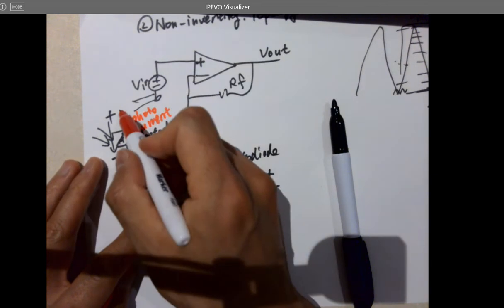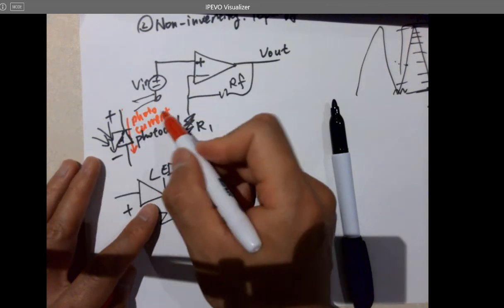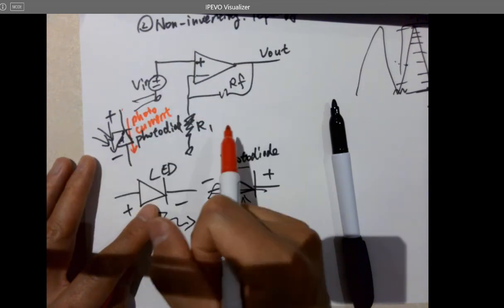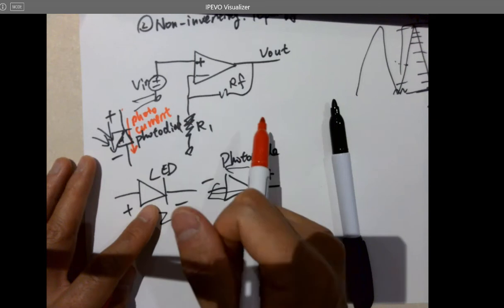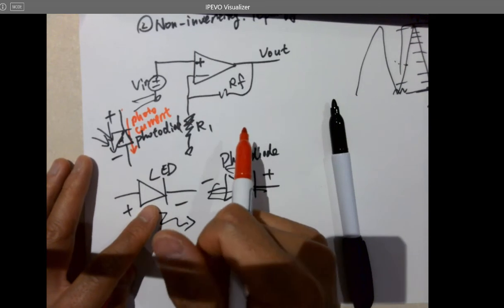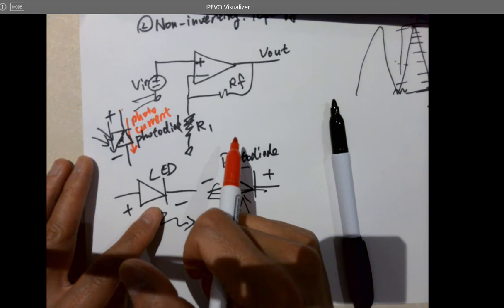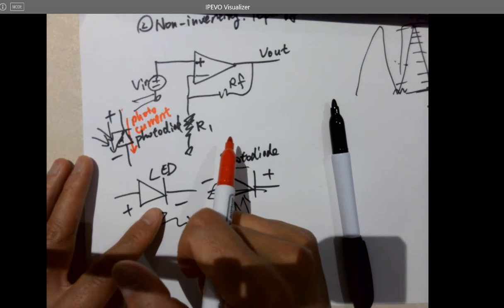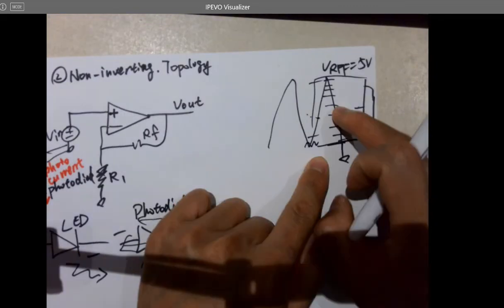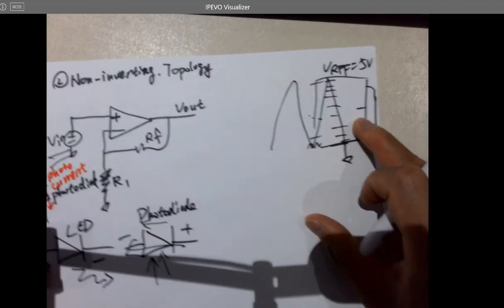So here's the current. You have to use a current amplifier. This is not a voltage signal, it's a current signal. You have to use a current amplifier to amplify it and convert it into voltage. Keep in mind, always, you have to convert everything into voltage before you get into the ADC. Why? Because the ADC only receives voltage signals.